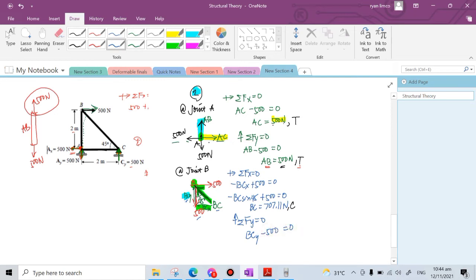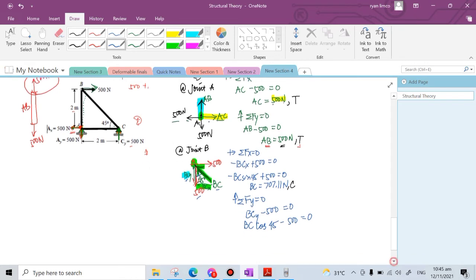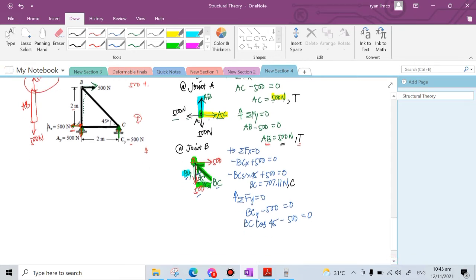And the BCY, makikita natin dito that this is adjacent. Since adjacent siya, that's cosine. So we have here BC cosine 45 minus 500 is equal to 0. BC is computed as 707. Checking na lang kasi itong ginagawa natin.